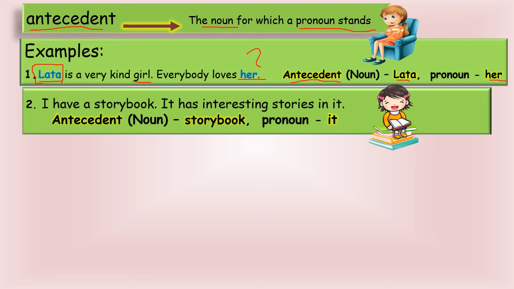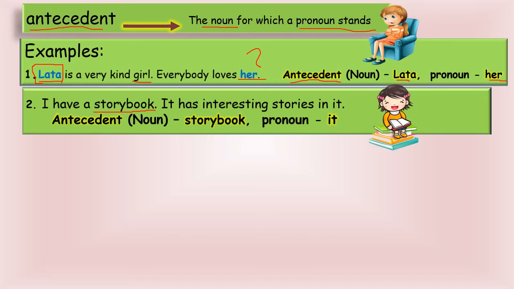I have a storybook. It has interesting stories in it. So what is the noun here? Storybook is the noun here. In the second part, it has interesting stories in it. Where do you have interesting stories? In a storybook.